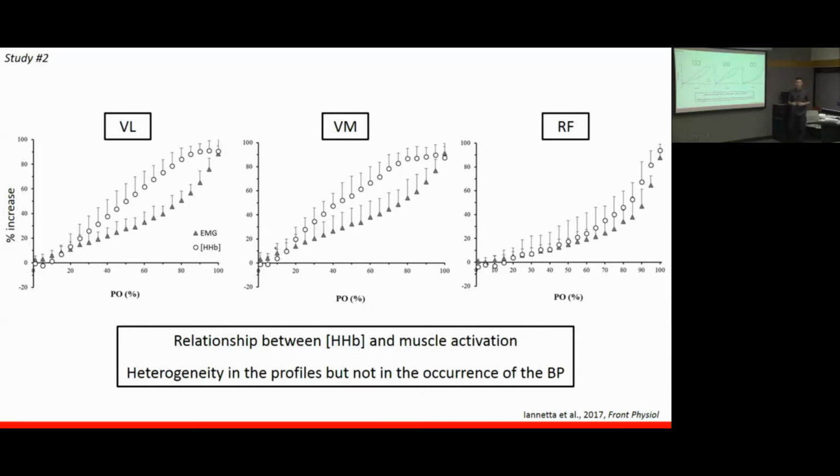Some people consider that the total hemoglobin can represent muscle blood flow. No. Among other signals, we have the oxyhemoglobin, tissue saturation, and total hemoglobin signal that we can get from the NIRS. Total hemoglobin is not blood flow. It's blood volume, so it's how much volume of blood you have, which is different than blood flow.